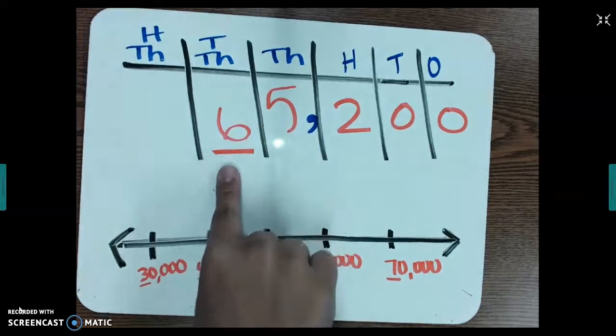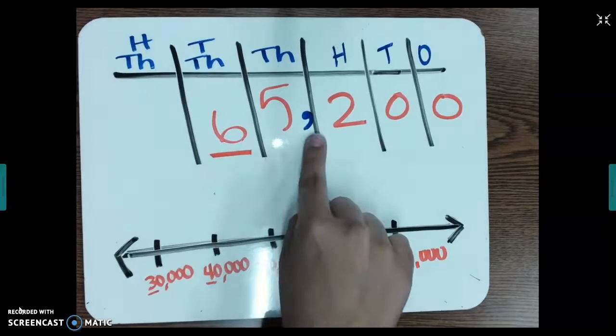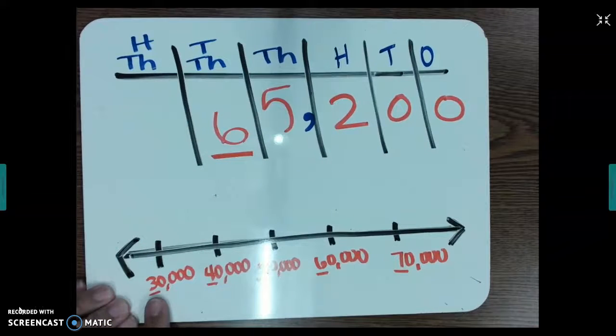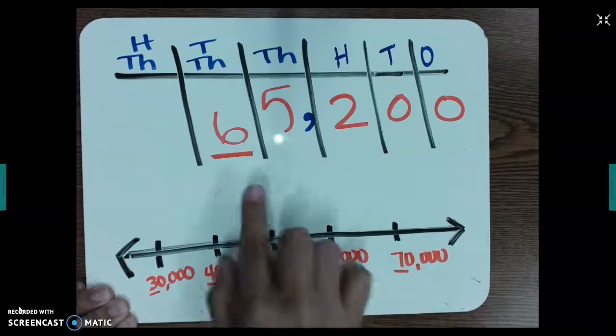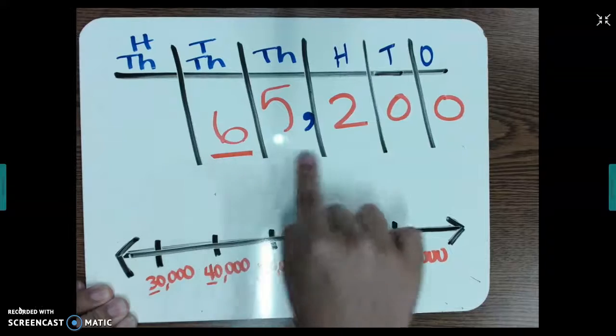This number goes all the way up to the 10,000s place. It's 65,200. And here on my number line, I have 30,000, 40,000, 50,000, 60,000, and 70,000. This number starts at 60,000.